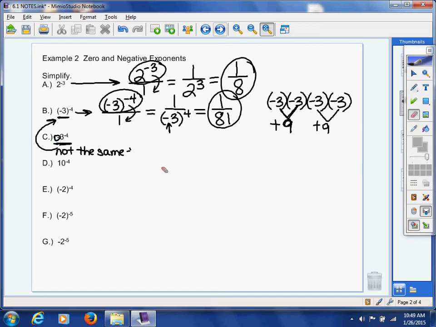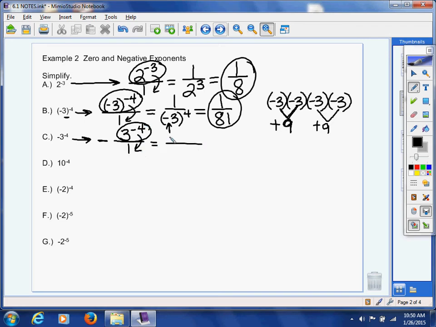So let me erase just a little bit here. There we go, and get my pen back up here. So I've got the opposite of 3 to the -4 power. So what you can do, because you know there aren't parentheses there, you can leave that negative sign kind of out here in no man's land and just write 3 to the -4 power, just like that. So you would literally just separate the negative sign away, put it out in front of that fraction, and then focus on getting that part simplified, okay? And you can bump it up to the numerator once you've moved that 3 to the -4 power.